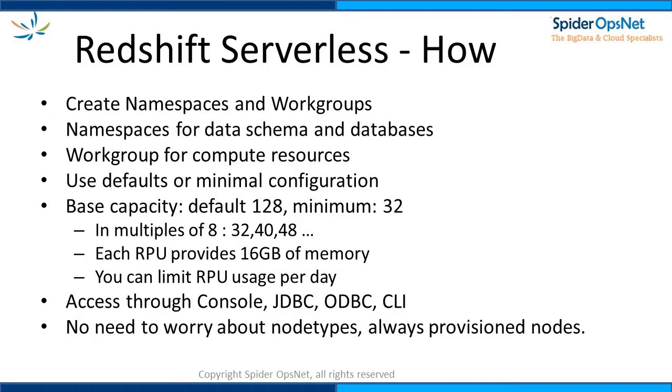A workgroup groups together compute resources like RPUs, VPC subnet groups, and security groups. You can create one or more namespaces and workgroups. A namespace can exist without any workgroup associated with it. Each namespace can have only one workgroup associated with it, and each workgroup can be associated with only one namespace.